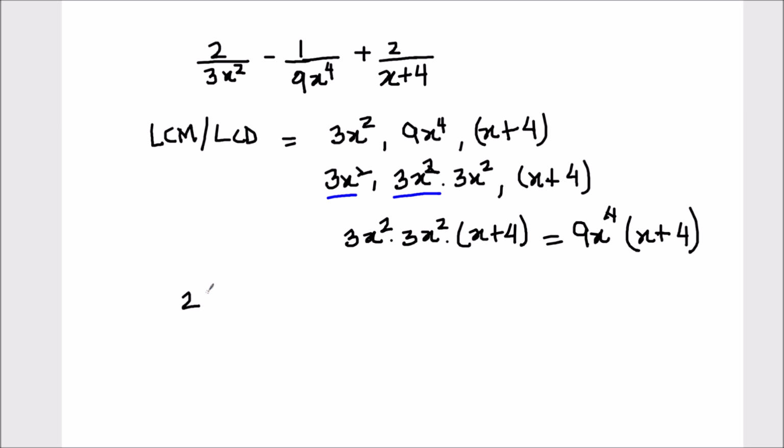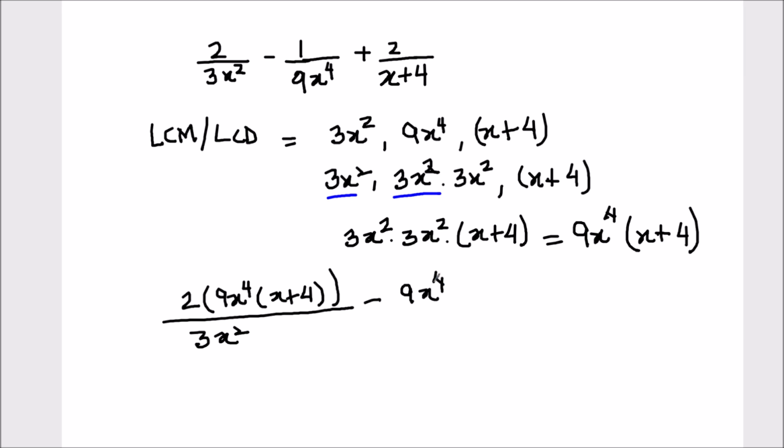So that's going to be 2 times 9x to the power 4 times x plus 4 divided by 3x square. This is the first term. Second term will be 9x to the power 4 times x plus 4 divided by 9x to the power 4.